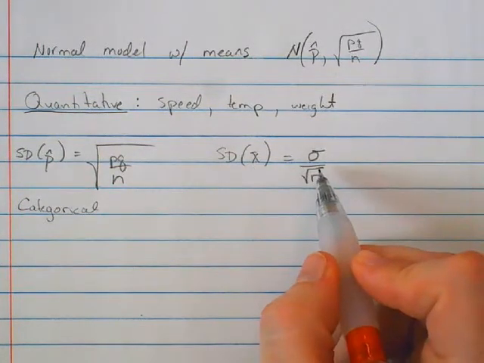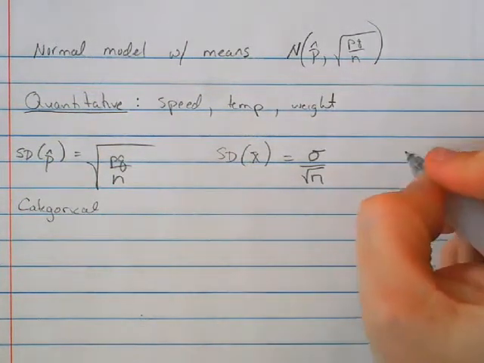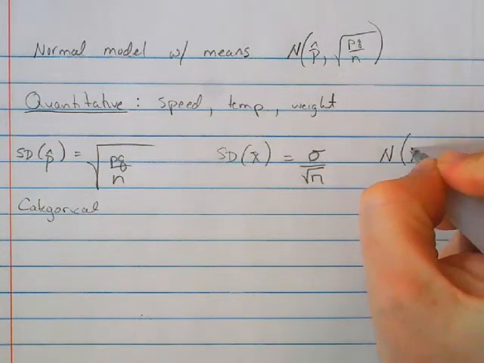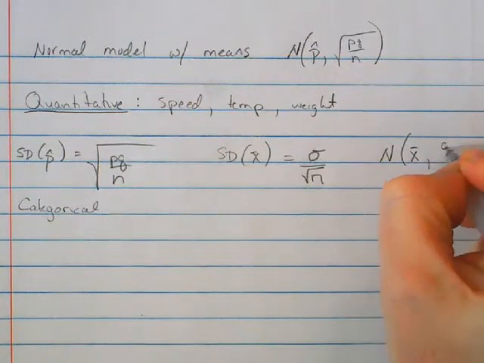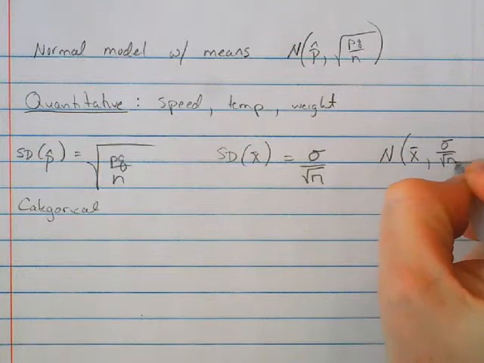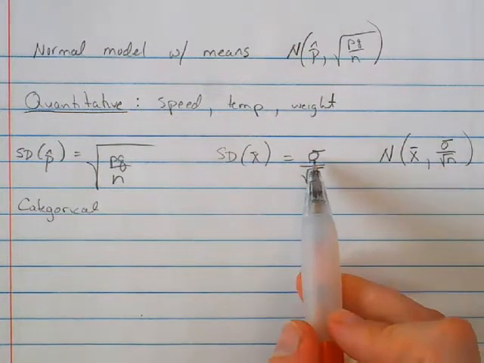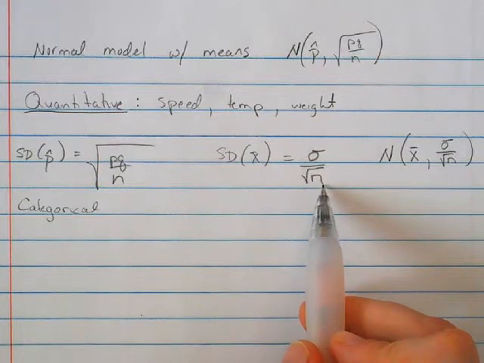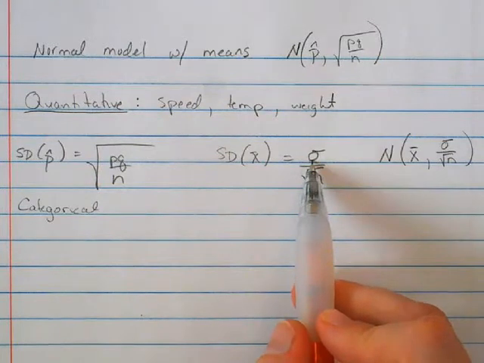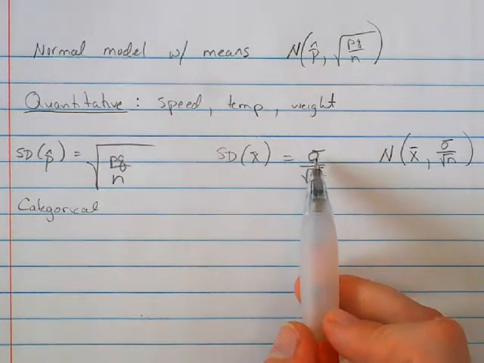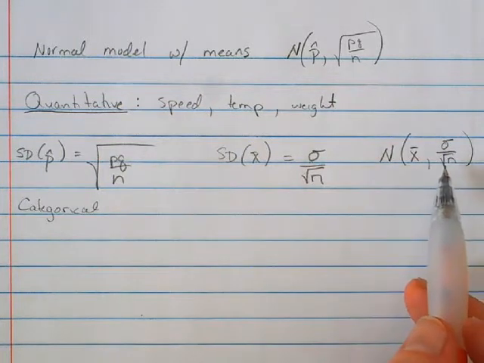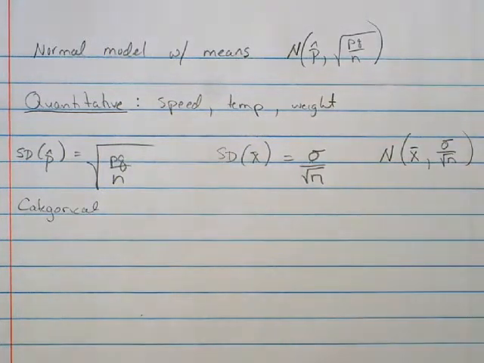So what we're going to be doing with our means is we're still going to be naming that normal model, but we're going to be naming it with our mean and our standard deviation, which as you see here is the standard deviation of the population over the square root of N. This value has to be known. If I don't know the standard deviation for my population, I can't continue with an analysis of means.